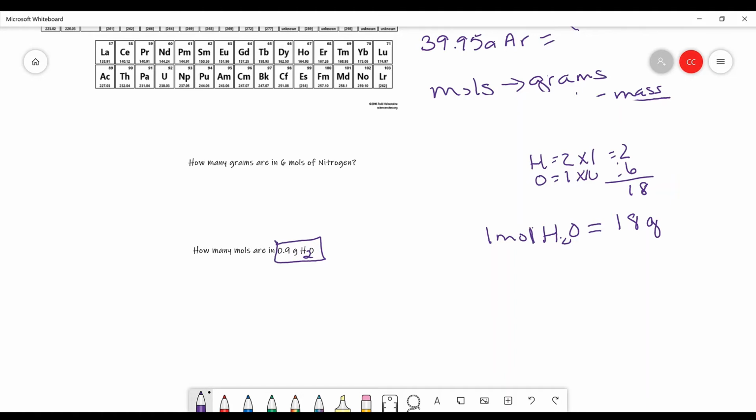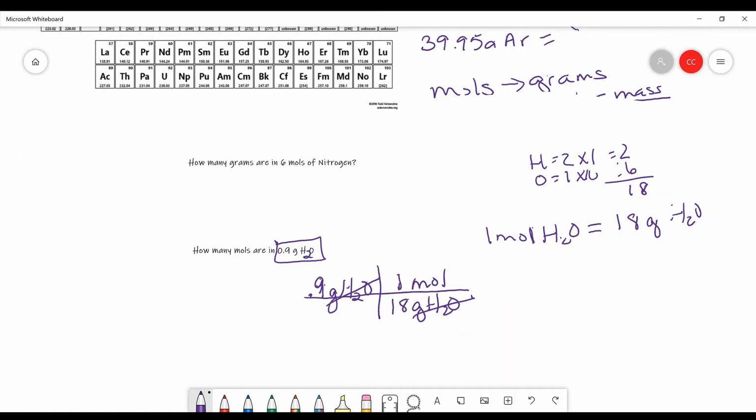So when we set up our equation, our given is 0.9 grams of water. So now we look at it, we have grams. So when we go to our equality, 18 grams of water goes on the bottom. And 1 mole goes on the top, because that's what we're looking for, is moles. So grams of water cancel out.